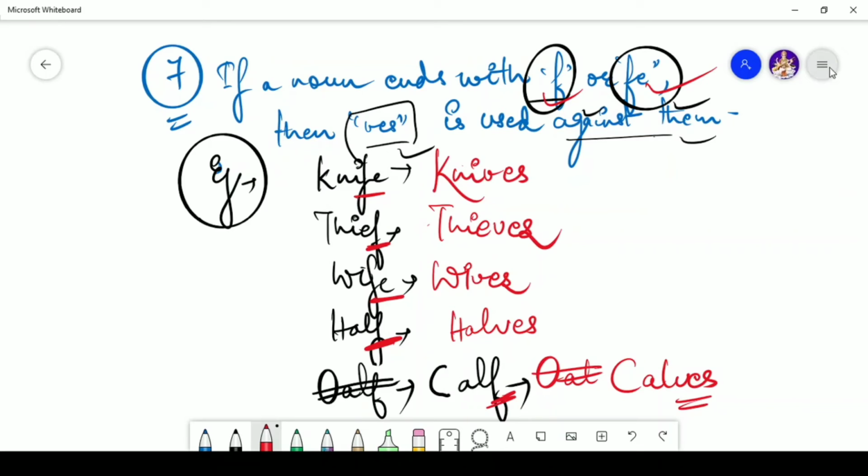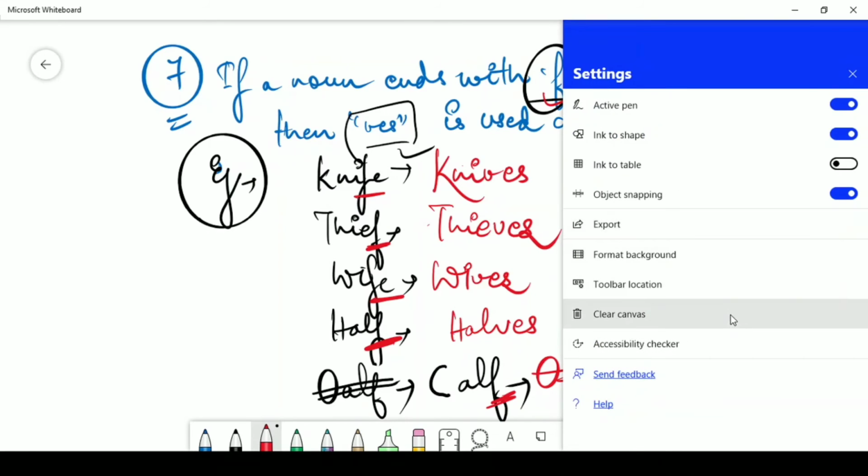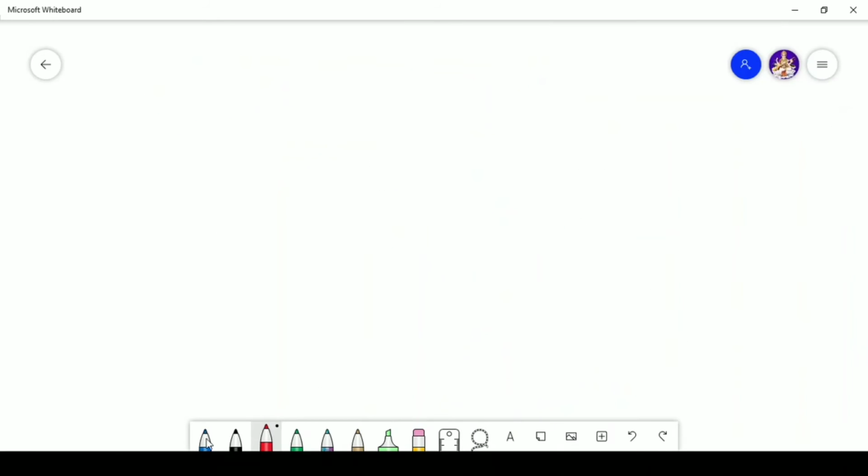Got it? Now let's talk about the 8th rule. Now what does the 8th rule say? Again, let me talk about some of the exceptional cases of f or fe.